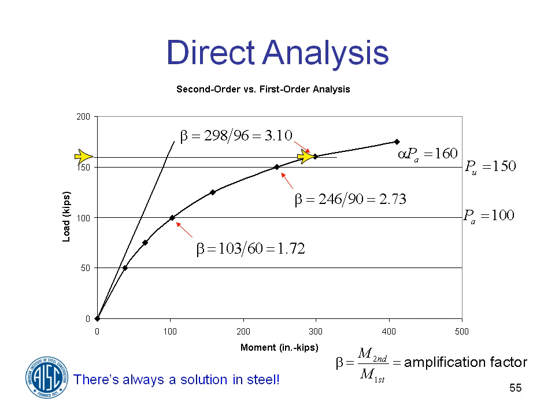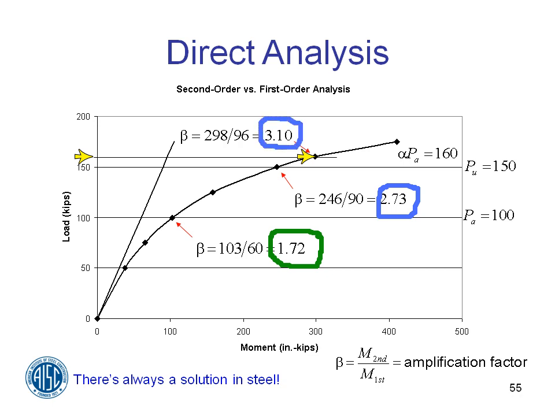So for ASD, had we not done it at the amplified load level, our amplifier would be 1.72, whereas LRFD would be 2.73. And with the amplification of alpha in ASD, it's going to be 3.1.